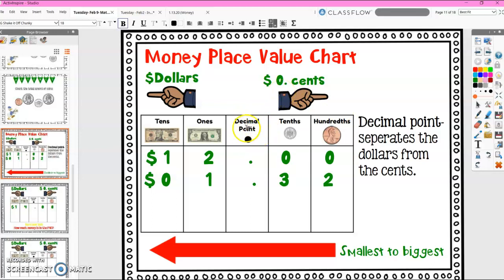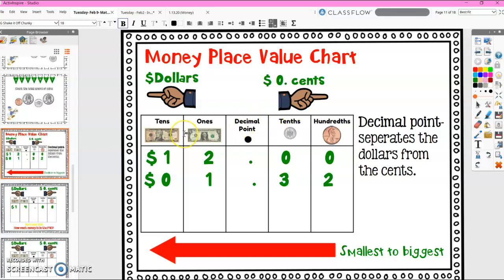So if you look at the decimal point, the place values on either side are going from smallest to biggest. So the ones place is smallest, then the tens, then the hundreds. On the other side, the tenths is the smallest, then hundredths, and then there's even a thousandths. Okay? So this side, the right side, is the cents side.